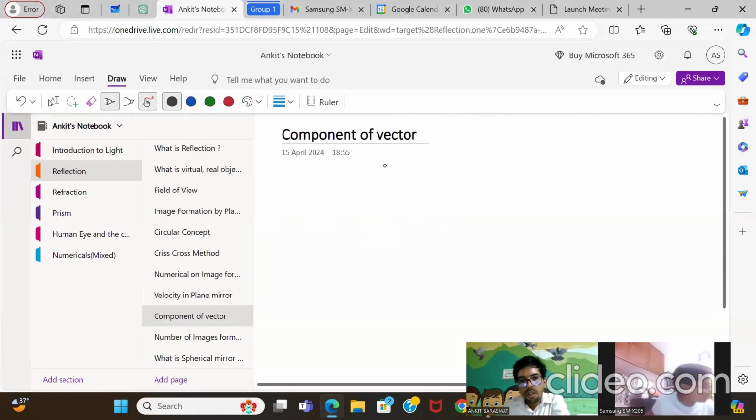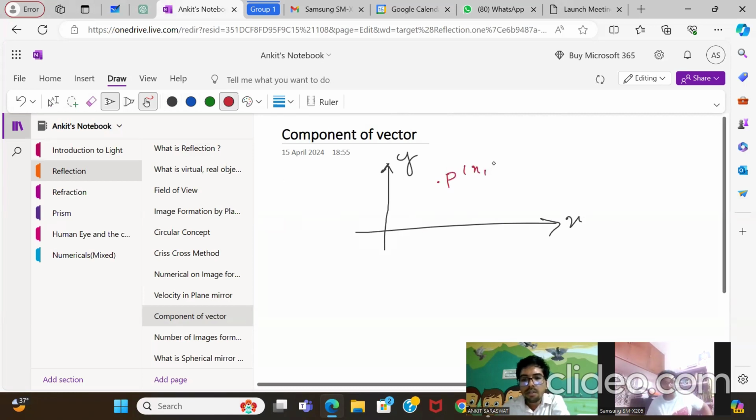For example, if we have this x and y, the X-axis and Y-axis. And if you take any position vector, for example, this is any point P, whose coordinate is x comma y, and this is its position vector with respect to origin.